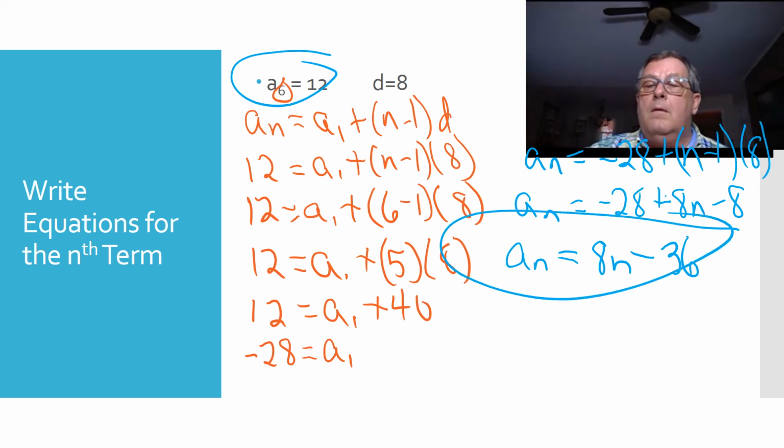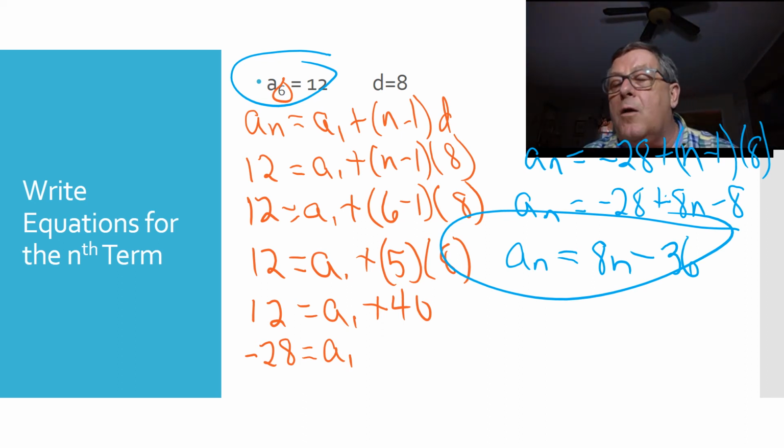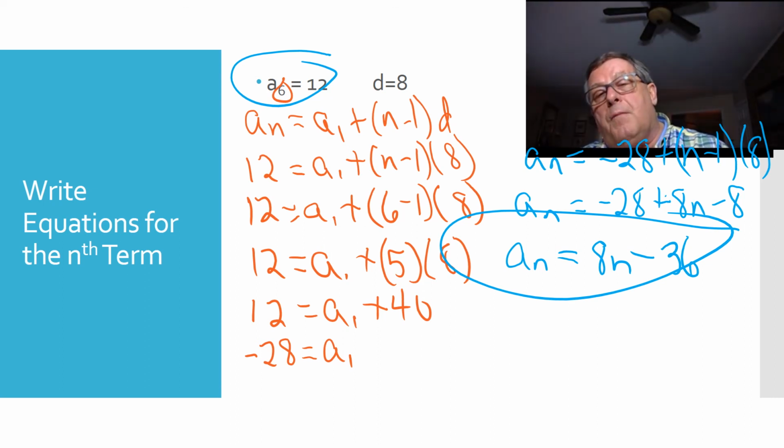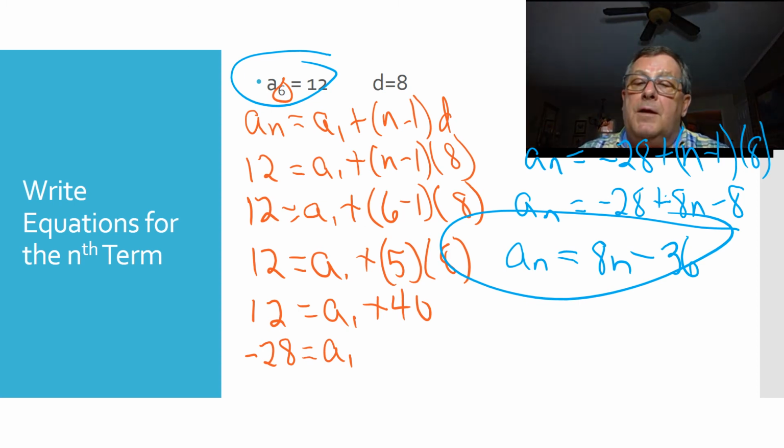Bam! There it is. I know what the 6th number in the sequence is and I know the common difference. I solve for A1, then plug A1 back into my nth term equation to write the equation for this sequence. I only know 2 things and I'm able to do it. Whew, what a great day.